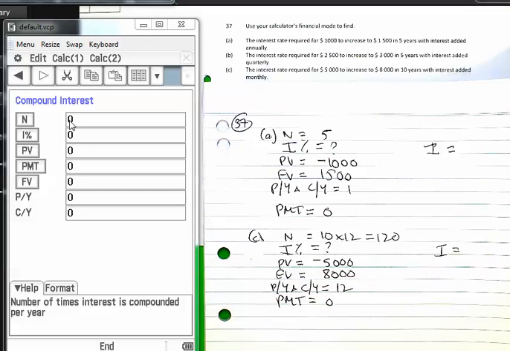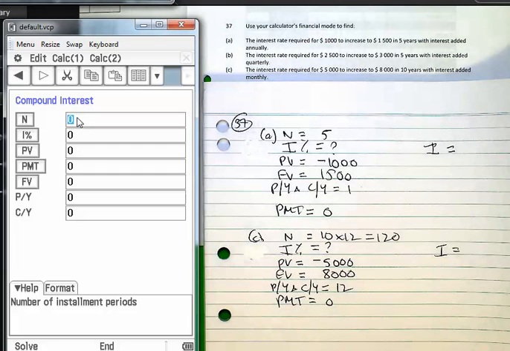So in 37A, 5 years interest added annually. The interest rate I don't know. I'm going to leave that as 0. Now remember the little trick there. The first thing you have to do here is to note it's out of your pocket, 1,000. We're not paying any extra money, but it is growing to 1,500.